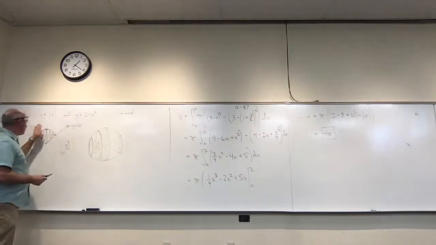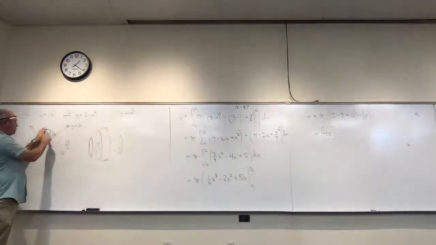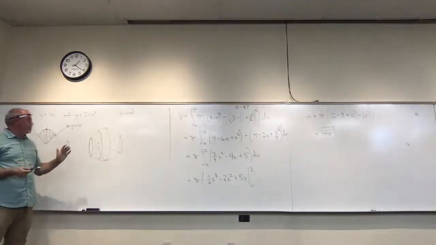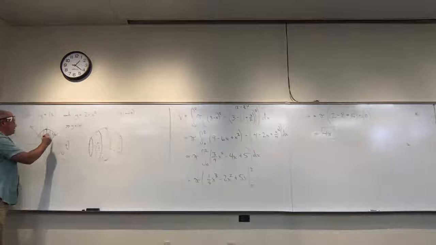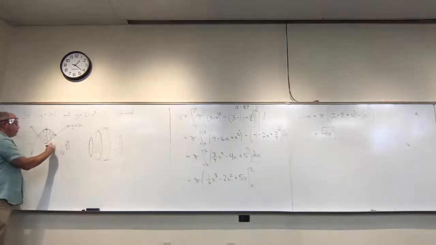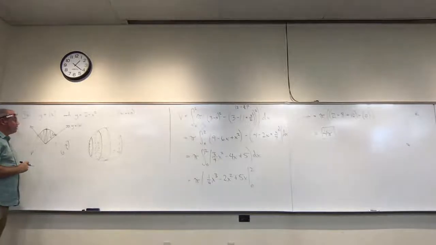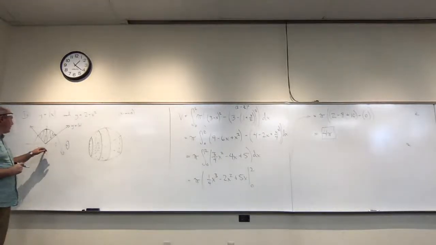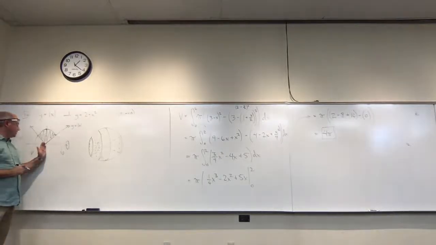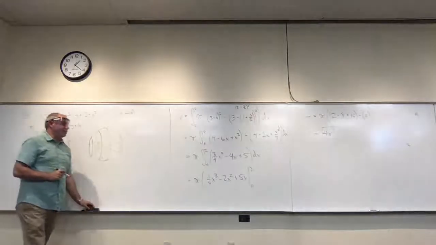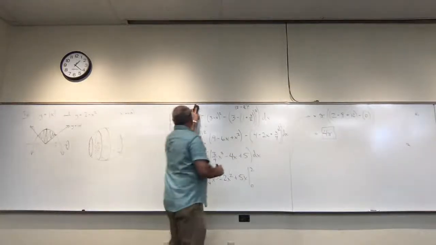So why don't we just forget this side, just spin this side, and then double it? So instead of integrating from, this is probably 1, correct? And this is -1. Instead of integrating from -1 to 0, and then from 0 to 1, let's just integrate from 0 to 1 and double it. And we'll get the job done because of the symmetry.